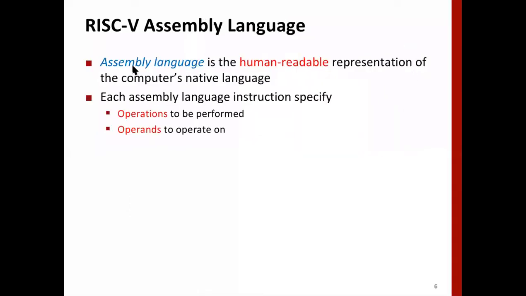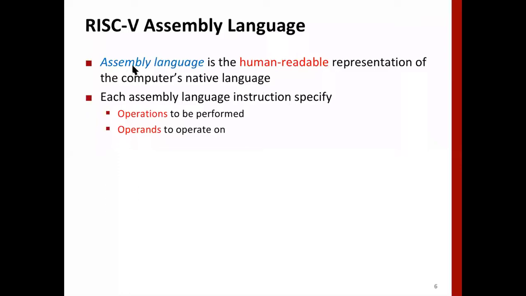The question is, what is the difference between an assembly language program and a machine language program? There are many differences. We'll look at them a little later when we look at machine instructions. But in general, we can think of assembly language as a human readable representation of the computer's native language. We can write the program in assembly instructions which we can easily understand and think about when we write a program.